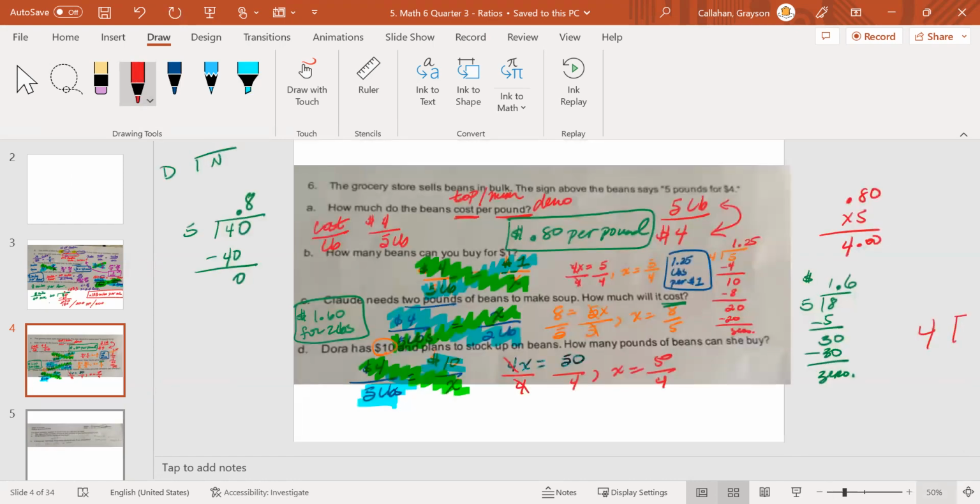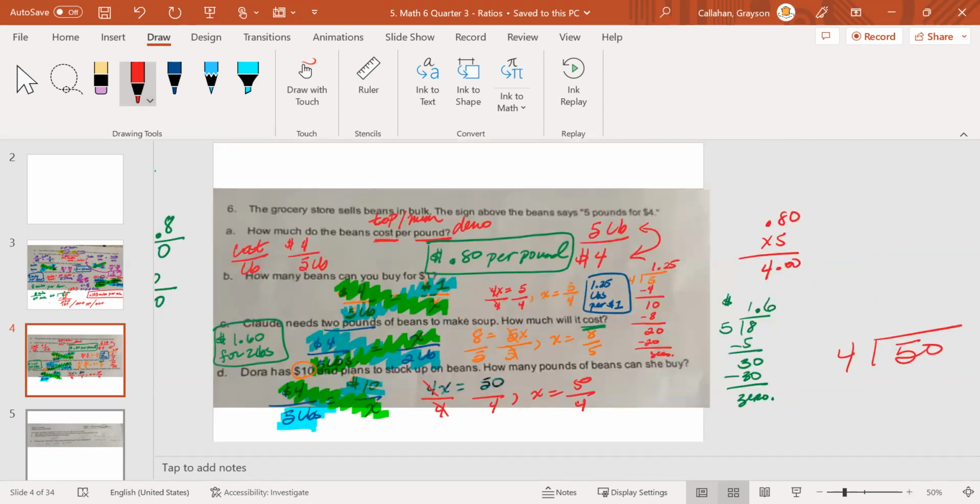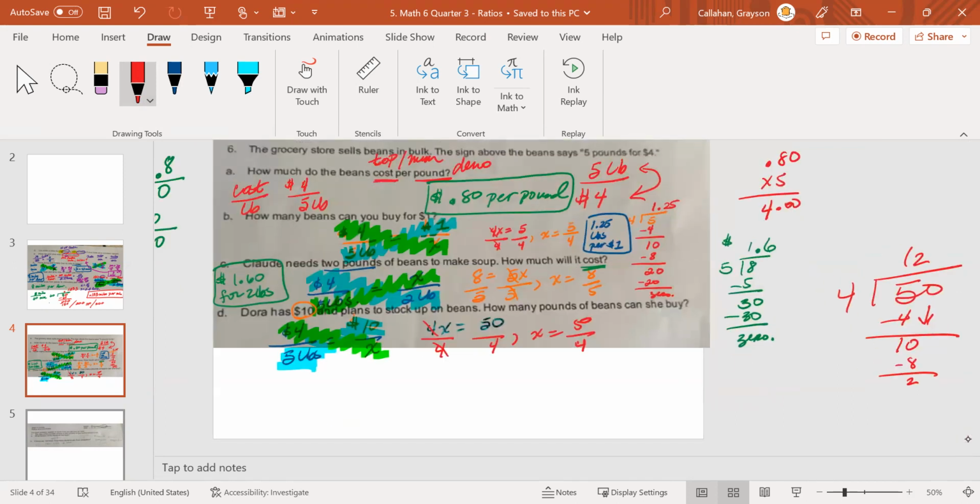Okay, my computer is wigging out a little bit. Okay, so then 4 times 1 is 4. That gives you a 0, bring down the 0. 4 times 2 is 8. That gives you a 2, right? So once you have the 2 right here, well, guess what? 4 doesn't go into 2, so you put a dot, put a 0. 4 times 5 is 20, and when you subtract it, your remainder is 0.